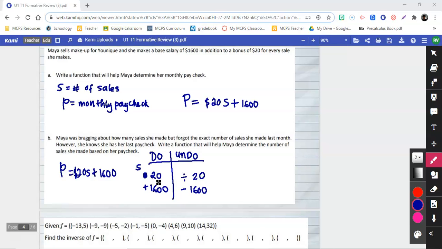The opposite of times 20 is divided by 20. So the inverse function is S, the number of sales, is equal to the amount of her monthly paycheck minus 1,600 divided by 20. So this equation will determine the number of sales she made based on her paycheck.